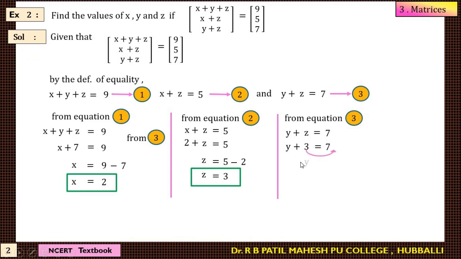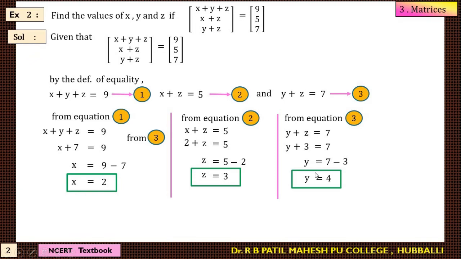And transferring 3 to the right side, you will get y is equal to 7 minus 3. So y is equal to 4. So here we got the value of x, the value of y, and the value of z. This is the method of solving the matrix equation, and we have to find out the values of unknown terms.